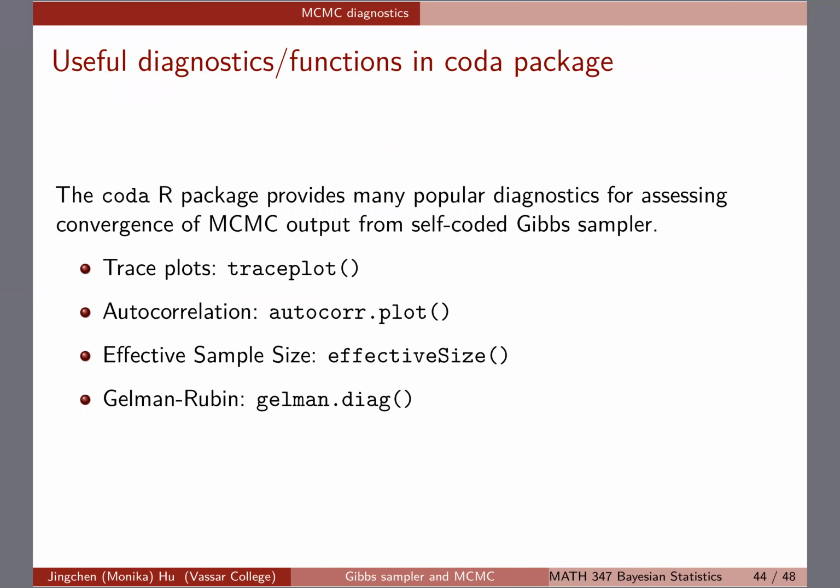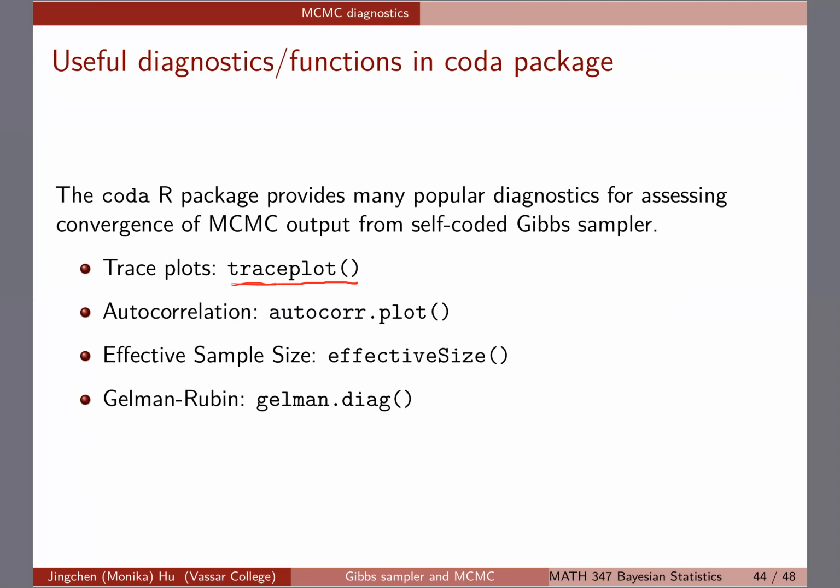All right, so lastly, what I talked about so far is doing MCMC diagnostics with JAX. But if you write your own code, you can use this CODA package that has a lot of functions to help you do those diagnostics if you have your own MCMC. Trace plot itself as a function, if you have your own MCMC object, you can use this to plot it.